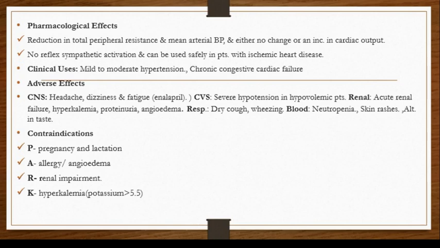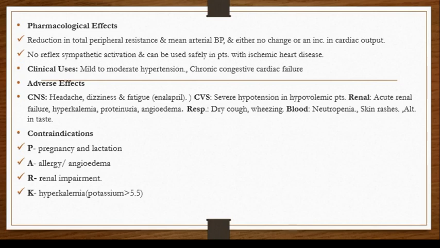And we also have it associated with allergies and also angioedema and also renal impairment, basically because of its effects on hyperkalemia and also its effect on proteinuria. Then we can also see it in, as I've talked about, a patient with hyperkalemia of more than 5.5 millimole per liter.